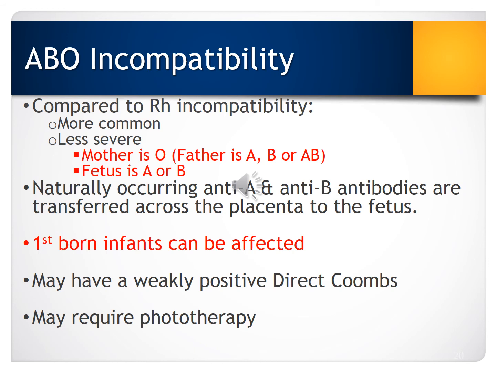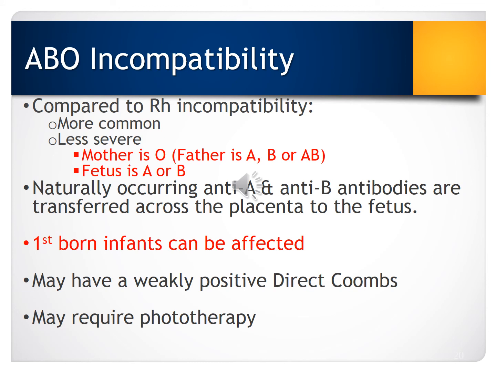So with ABO incompatibility, the mom has to be O type, and then the father has to be anything but O: A, B, or AB, and the fetus has to be A, B, or AB.